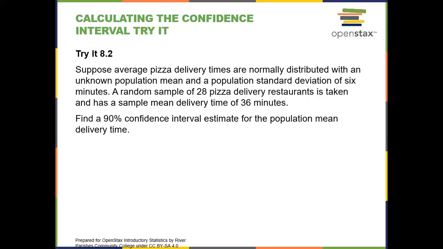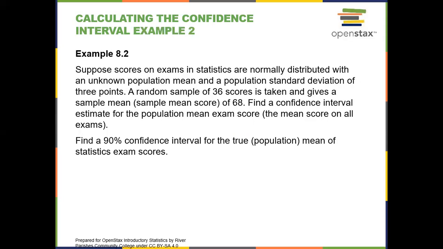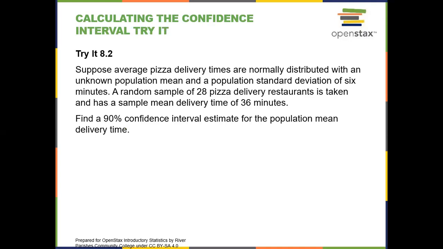Sigma is the standard deviation of the population, which is known. Sample mean, random sample, find the count, 90%. The scores are normally distributed with an unknown population mean and a population standard deviation of 3. So sigma, the population standard deviation, is 3.